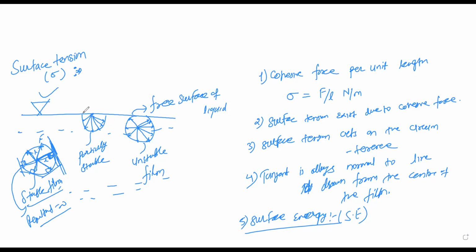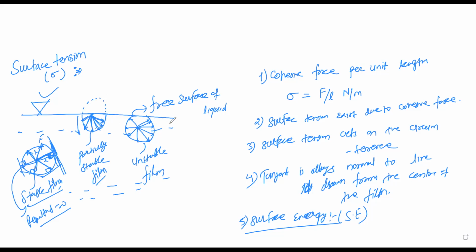Same way, this is a partially stable film, because half of the portion is submerged and half of the portion is above the free surface of the liquid. So I can say that these forces are acting downward, and the total resultant force is acting downward, and this is partially stable.